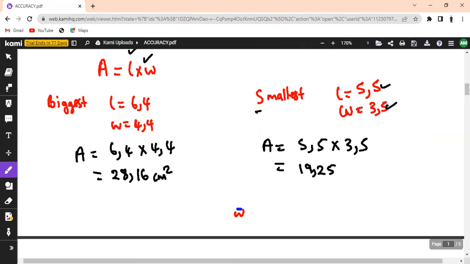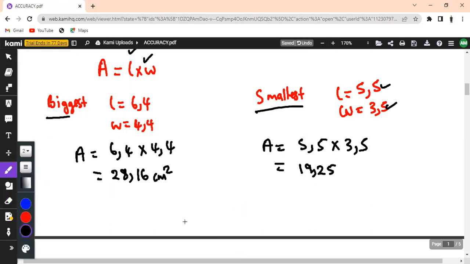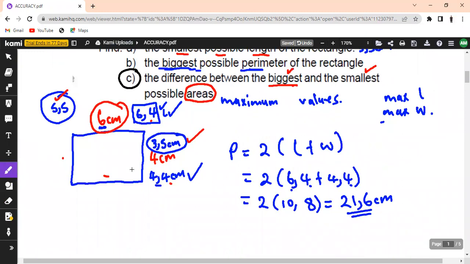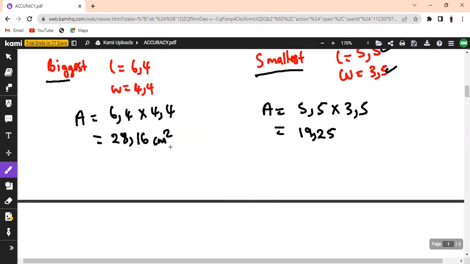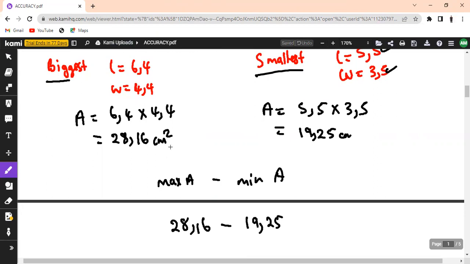So you've got the smallest area and the biggest area, and we need the difference. Take note, we were asked to calculate the difference between the two. So we subtract the minimum area from the maximum area: 28.16 minus the minimum area, which is 19.25, in square centimeters.